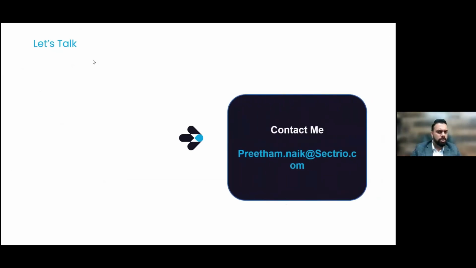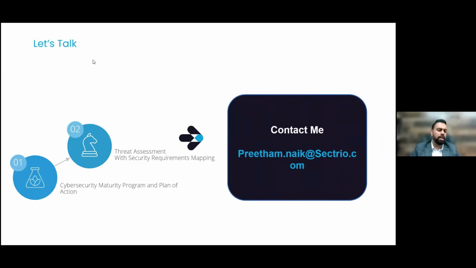As part of what we see in the industry and with our customers, we constantly look at two main aspects. We usually work with our customers to build an overall cybersecurity maturity program and a plan of action, and conduct threat assessments with security requirements mapped to what we see in standards. We then suggest the best ways to stay compliant and enable controls.